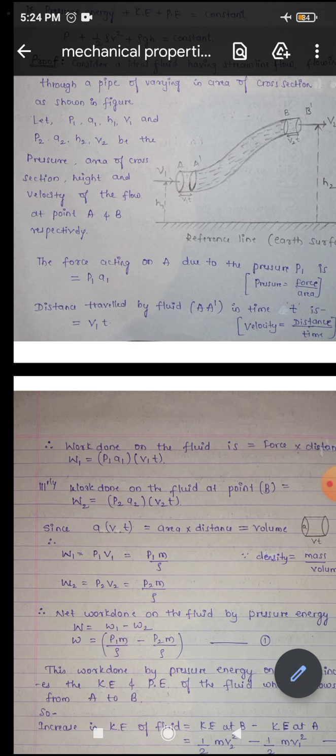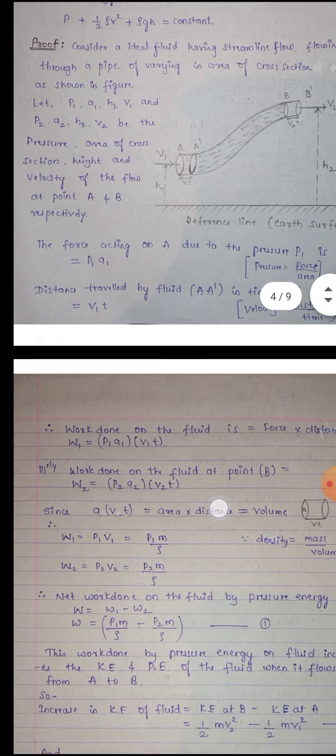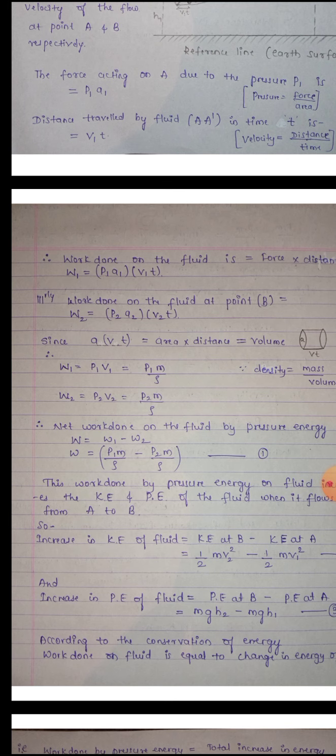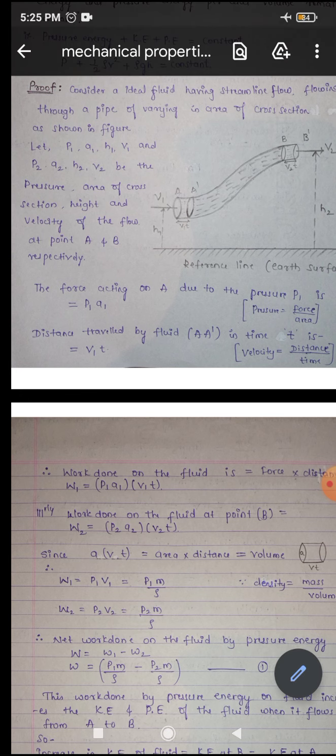Like that only the potential energy. Initially at point A, the fluid was at rest, so it will have certain potential energy, mgh1.